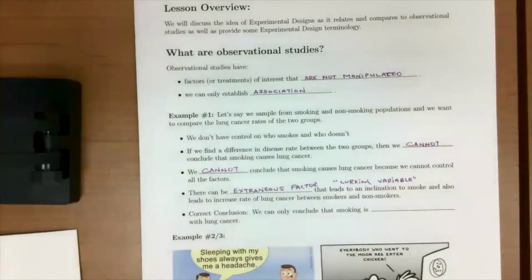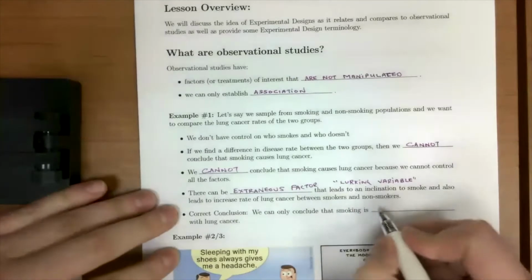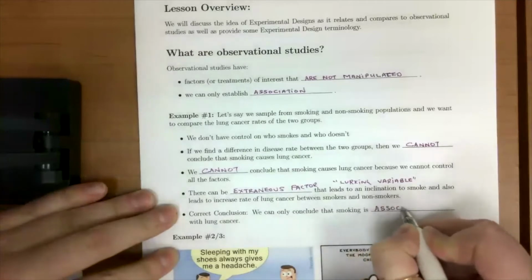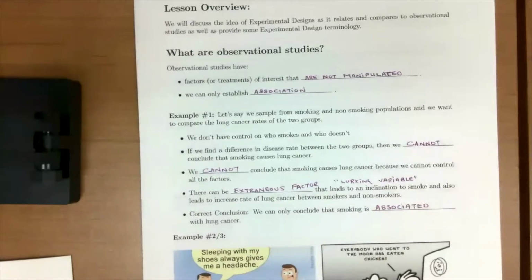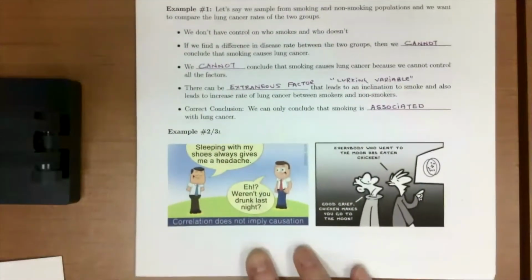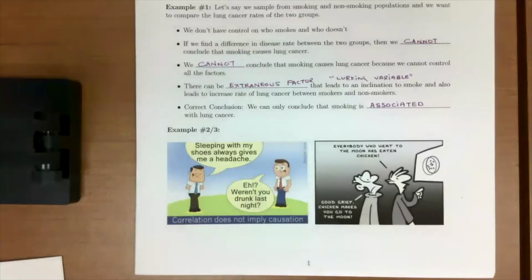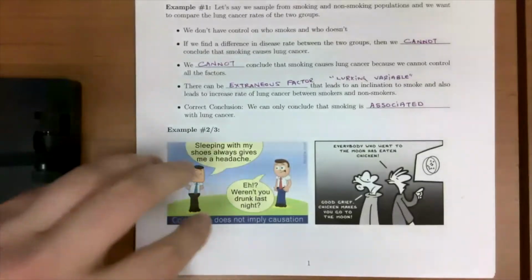A lot of the time you have probably heard that we can only conclude smoking is associated with lung cancer in this case. Again, with observational studies, we can only do association, not causation. And you have probably seen some memes out there where people try to make causation when they can only make association. So hopefully these two memes give you a little chuckle today.